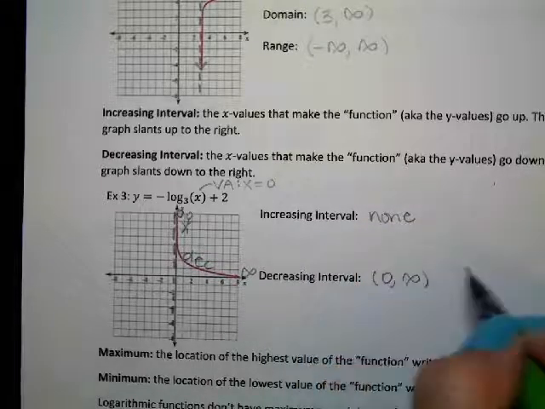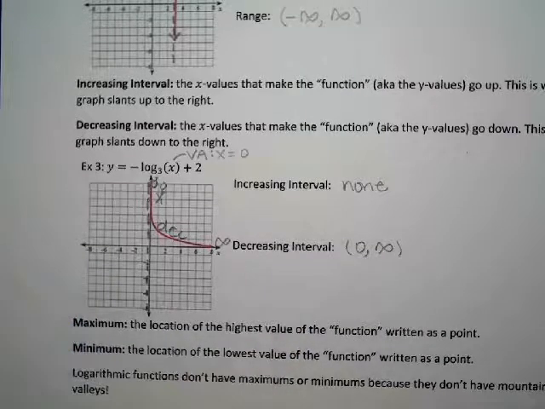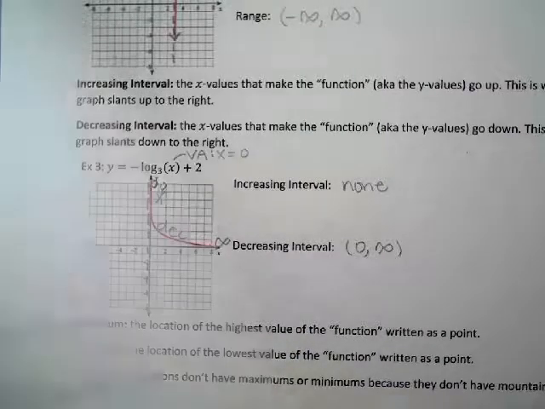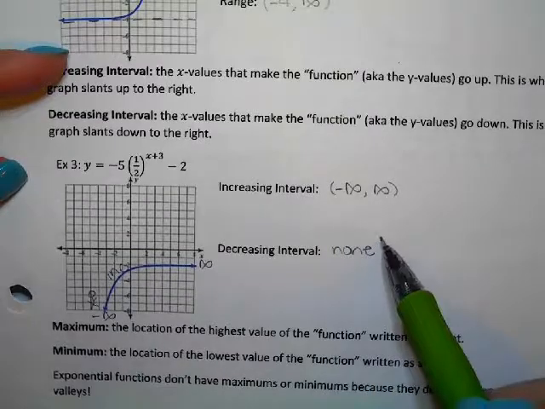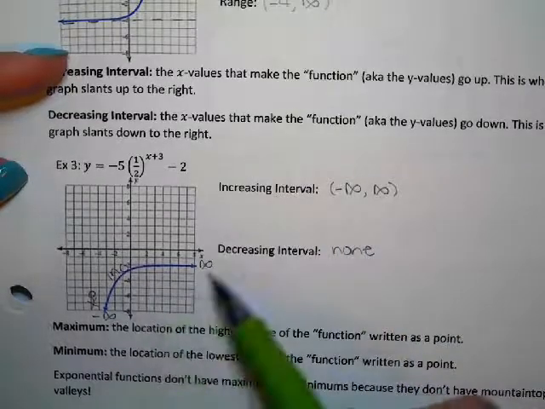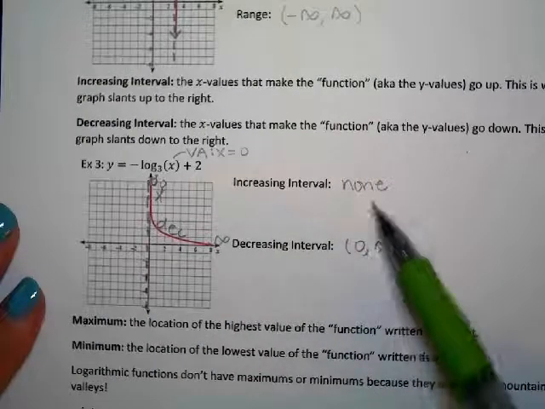So you'll notice that that is different from what we did yesterday. With increasing and decreasing intervals, you'll notice they never had limitations. They always kind of matched the domain. This time, that vertical asymptote is keeping our increasing or decreasing interval from being all real numbers.